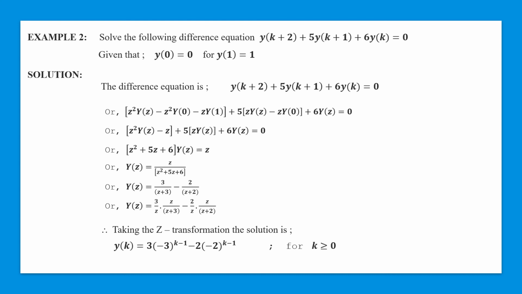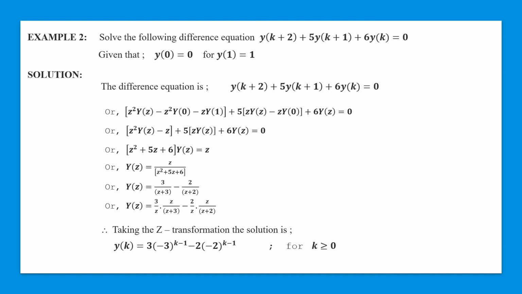If we rearrange these equations, then we can write Y(z) = 3 (1/z) · z/(z + 3) - 2 (1/z) · z/(z + 2).